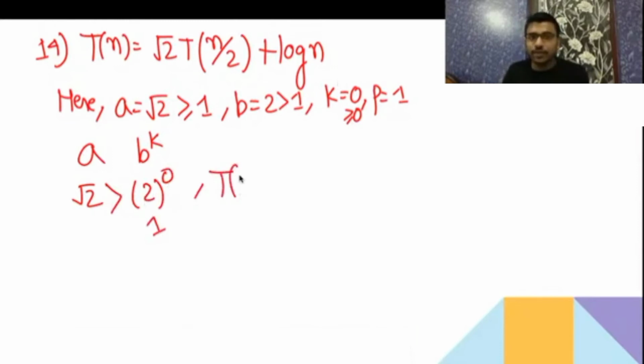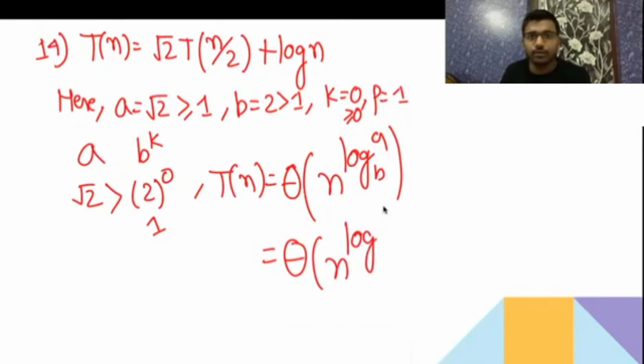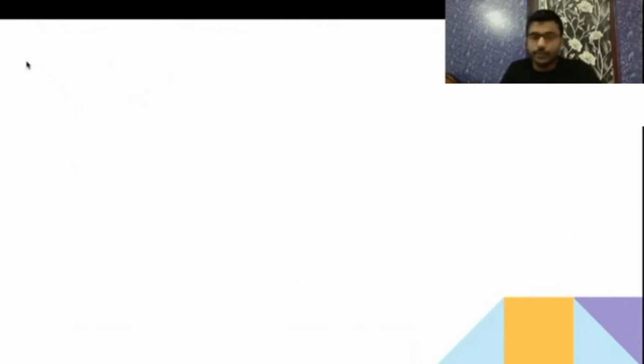Then T(n) is Theta(n^(log a base b)), where a is √2 and b is 2. So what power of 2 gives you √2? It's half. So that is going to give you n to the power half. Okay, so now see the 15.